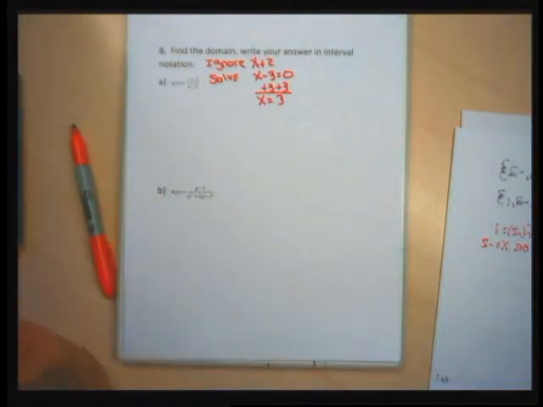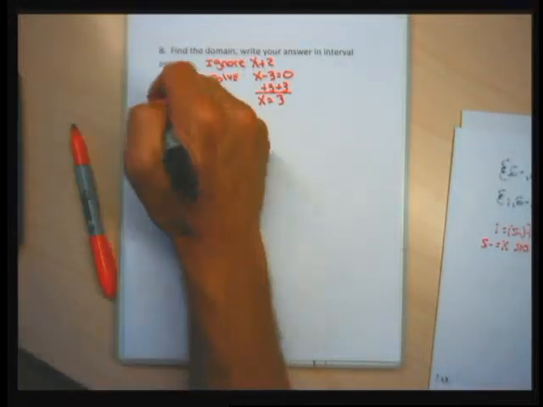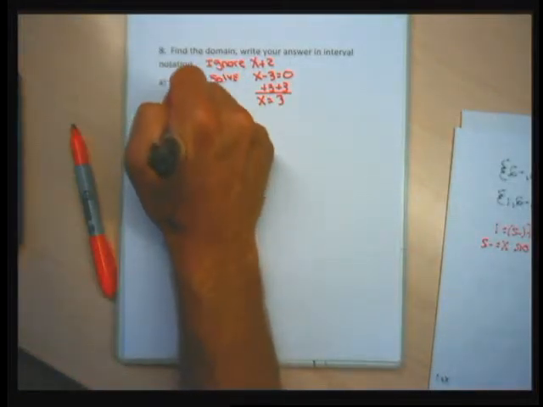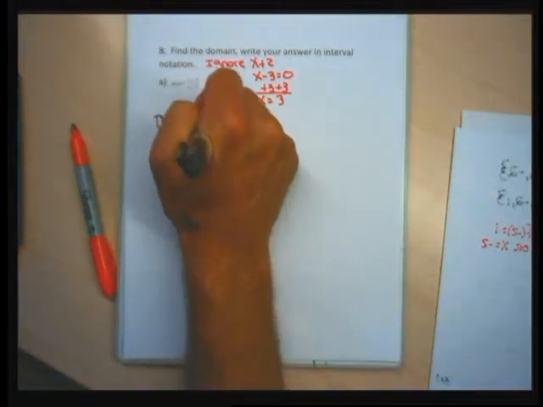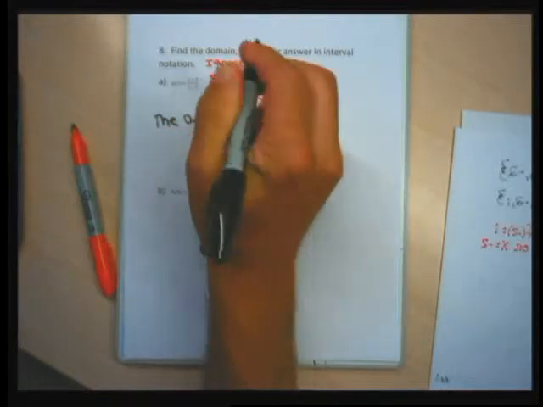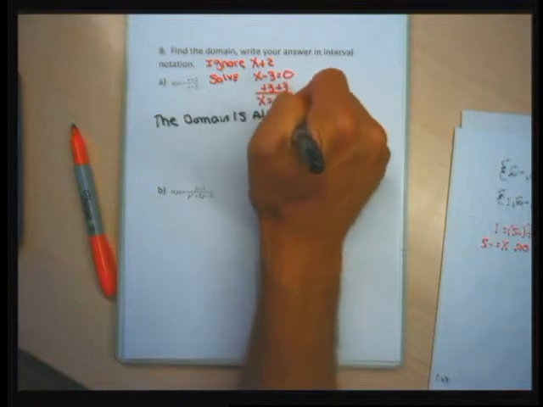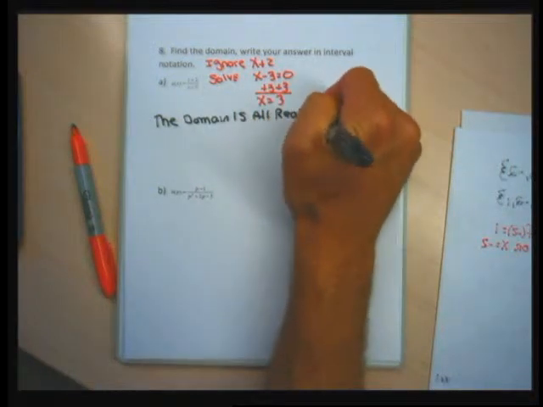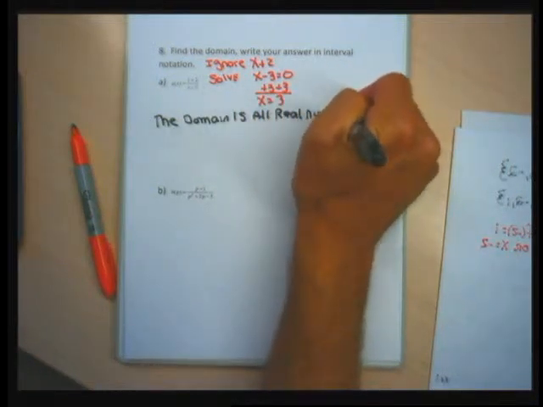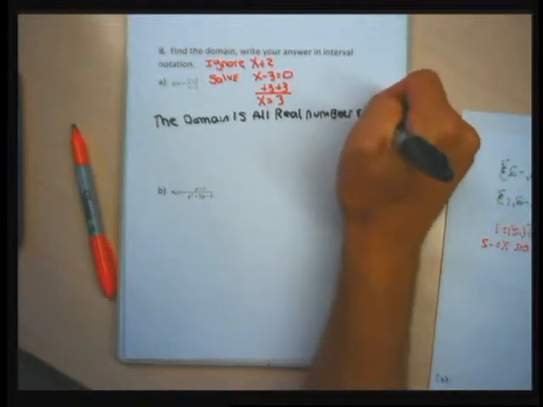I'd live with an answer in words even though it doesn't ask for it. For part A, it would be completely fine by me if you said the domain is all real numbers except 3.